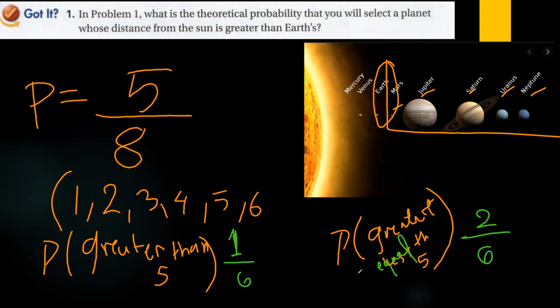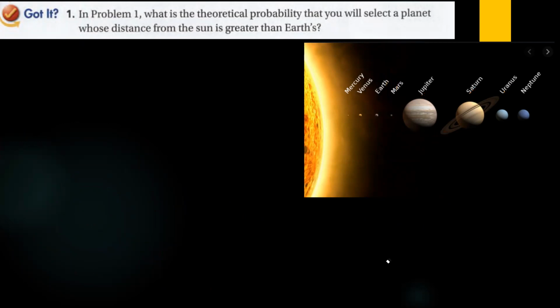But teacher, I have a question. Why do we choose 5 numbers? Why do we put 5 over 8? Now here, look at the planets. How many planets have their distance greater than the Earth? 5. They are Jupiter, Saturn, Uranus, Neptune, and Mars.